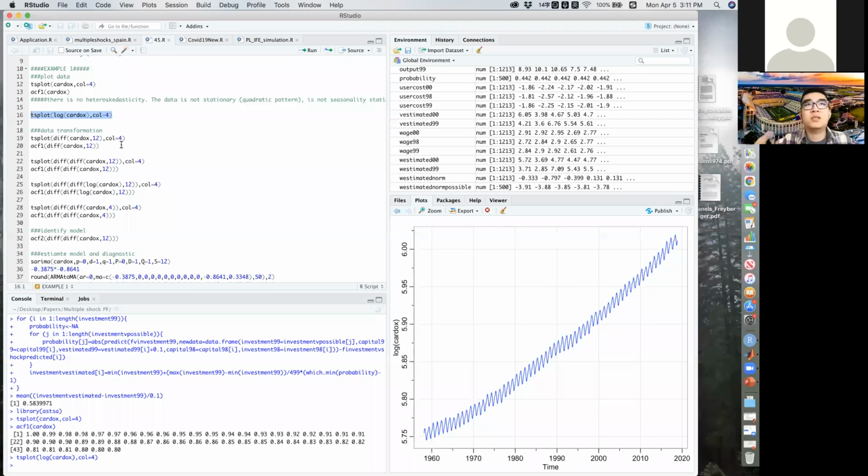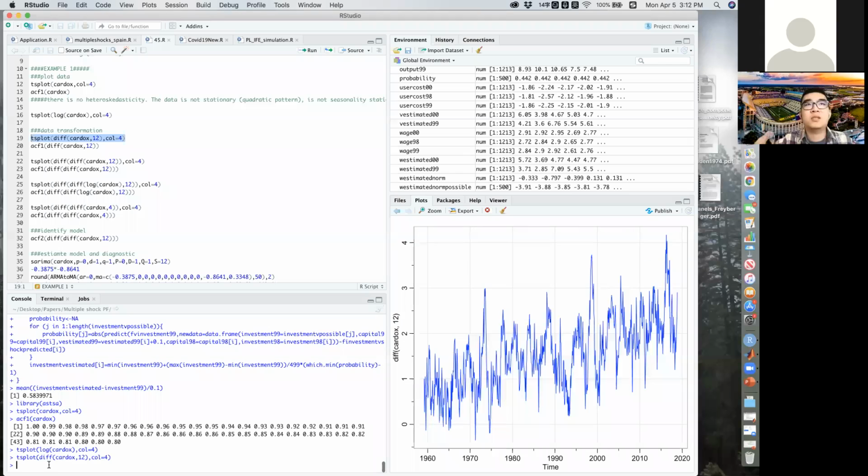Now let's do some transformations and check the ACF plot of each. This is the first transformation we consider, a seasonality transformation. I think this is monthly data, not yearly.